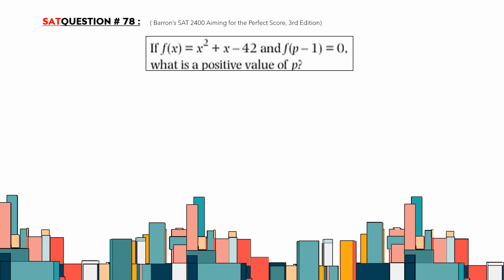So at first we know that here p minus 1 is equal to x. That will make f of x equal 0, when x equals p minus 1.